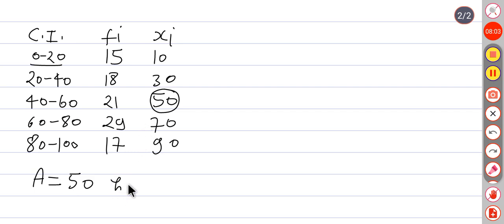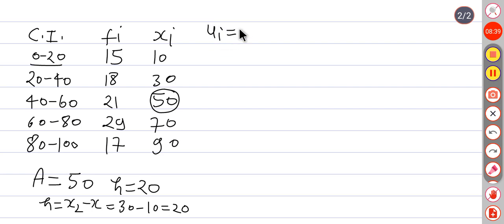For the width h, just take the difference of two xi values, x2 minus x1, and that is 20. You can take any one, but this will reduce the size of the data.